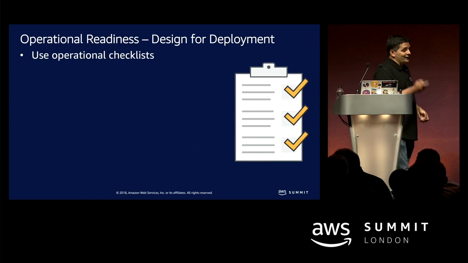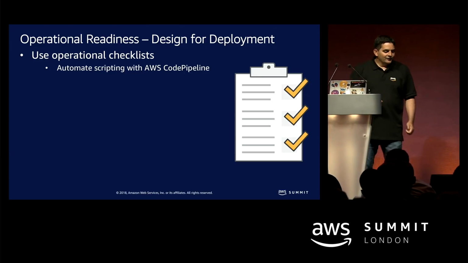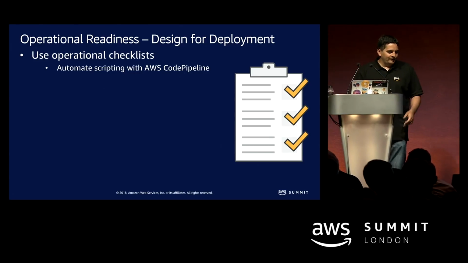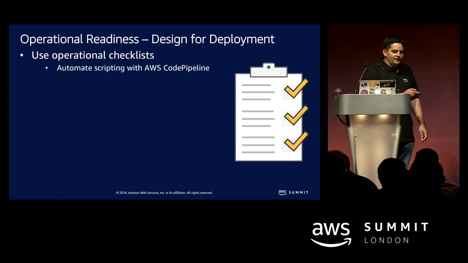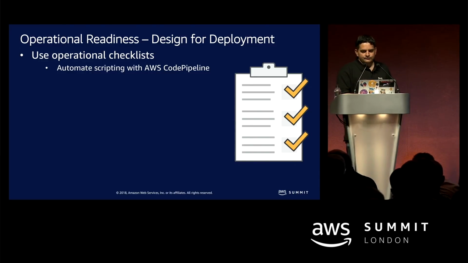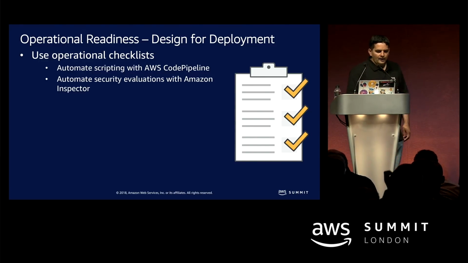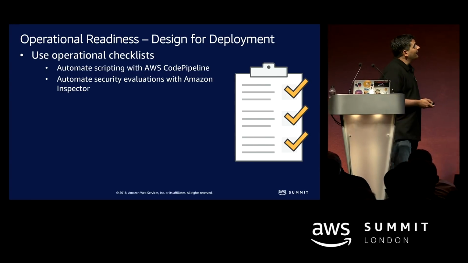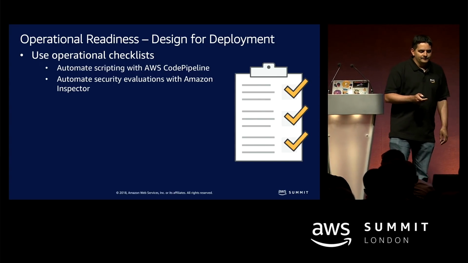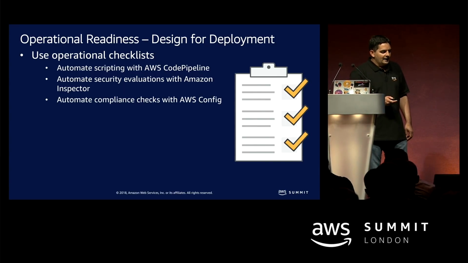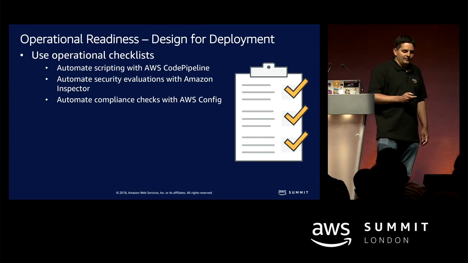So the key thing is first, use operational checklists. You can automate some of this with AWS CodePipeline, as we showed you. You can automate security evaluations with Amazon Inspector, and you can automate compliance checks with AWS Config.